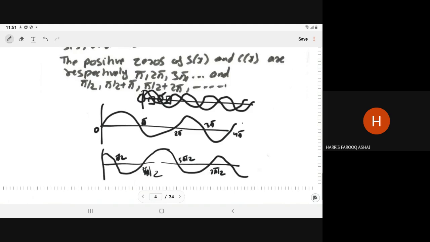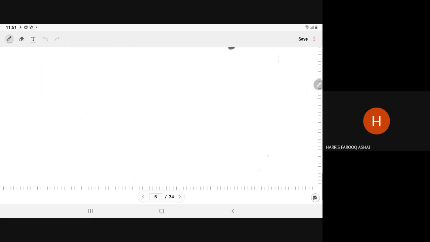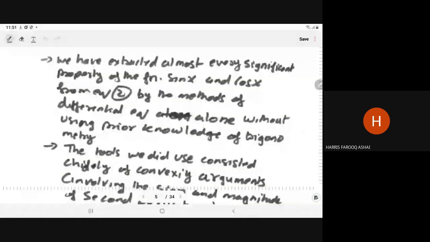Zeros of s x and c x occur alternately, meaning between two zeros of s x we always have a zero of c x, and between two zeros of c x we always have a zero of s x. They are occurring alternately. So in the next class we continue.